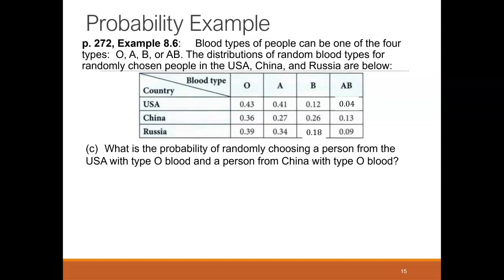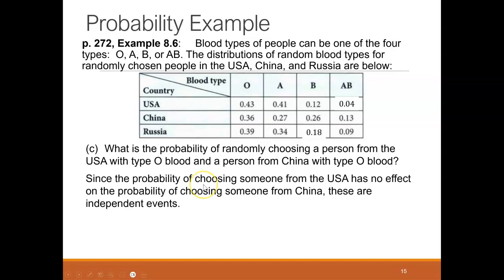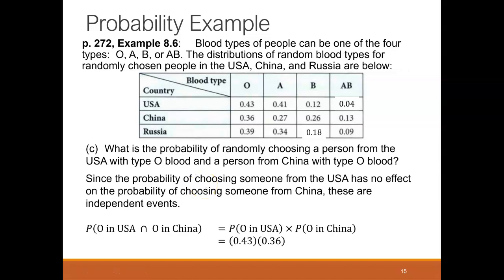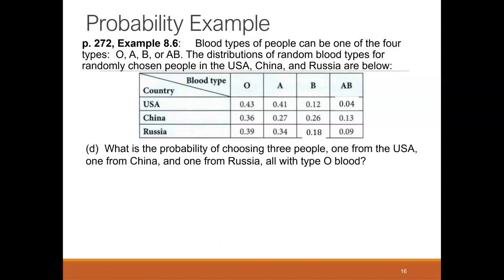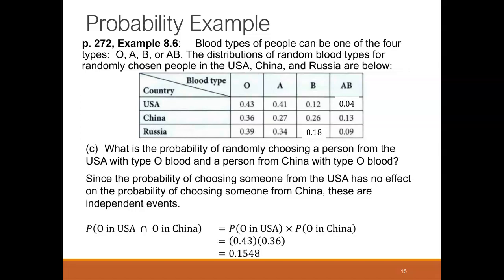No. So the probability of A and B is going to be the probability of A times the probability of B, or 0.43 times 0.36. So about a 15% chance of being able to do this. Everybody okay?